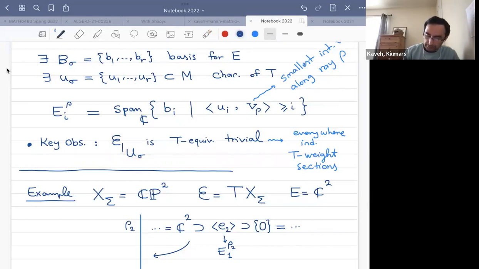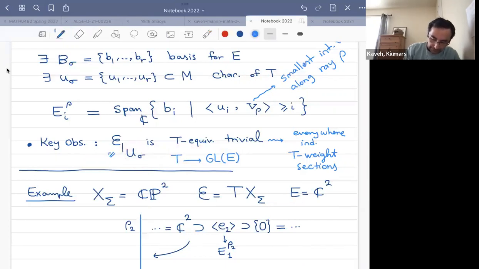So T equivariantly trivial means that the T action comes from a homomorphism of T to GL(E). Through this homomorphism, one acts on all fibers of this.